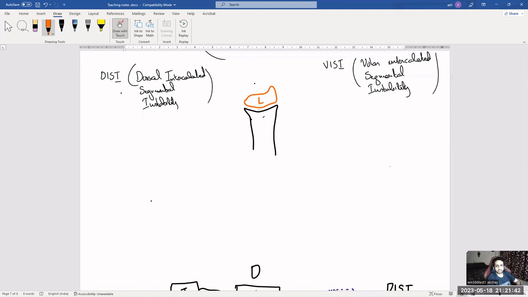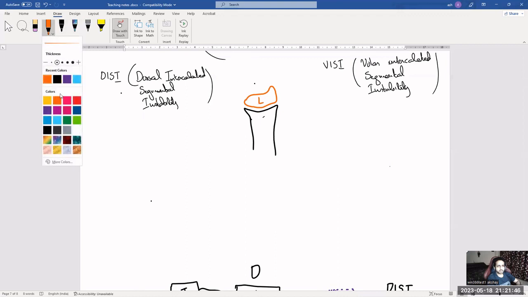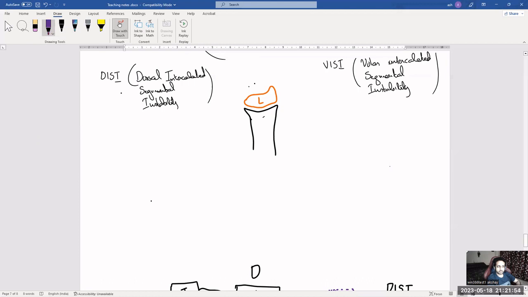That is the lunate. And the scaphoid bone will be over here, actually behind the lunate.